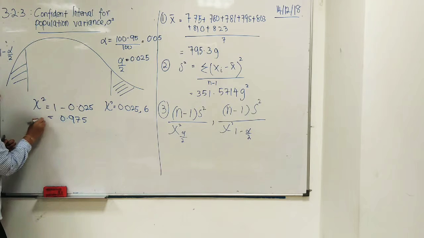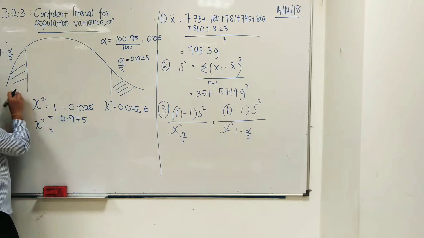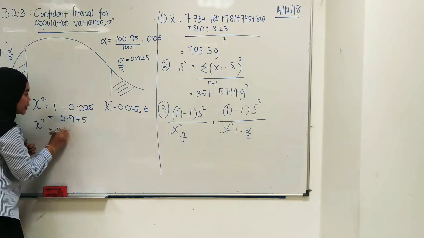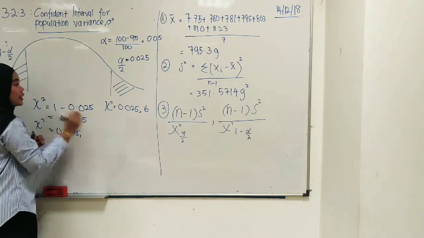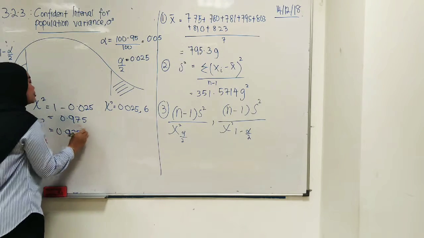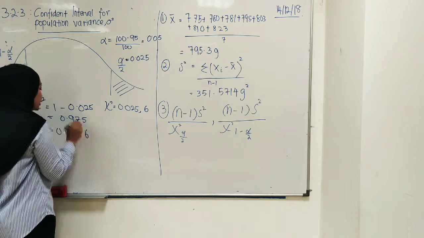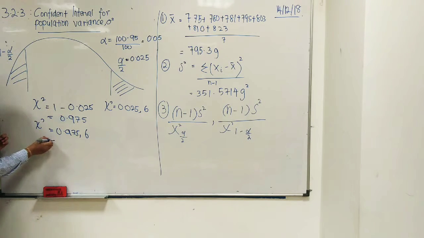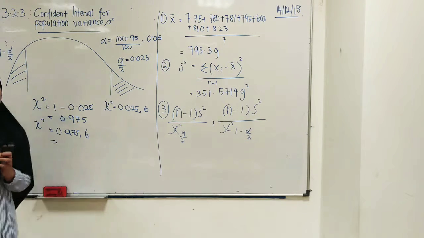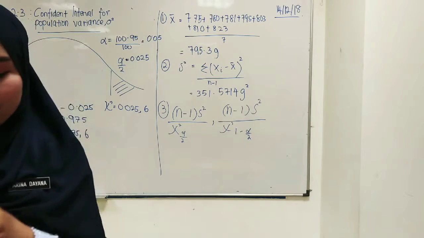So the chi-square value that we need for the other portion is 0.975. The degree of freedom, 7 minus 1, is equal to 6. So we will find these from the chi-square table.